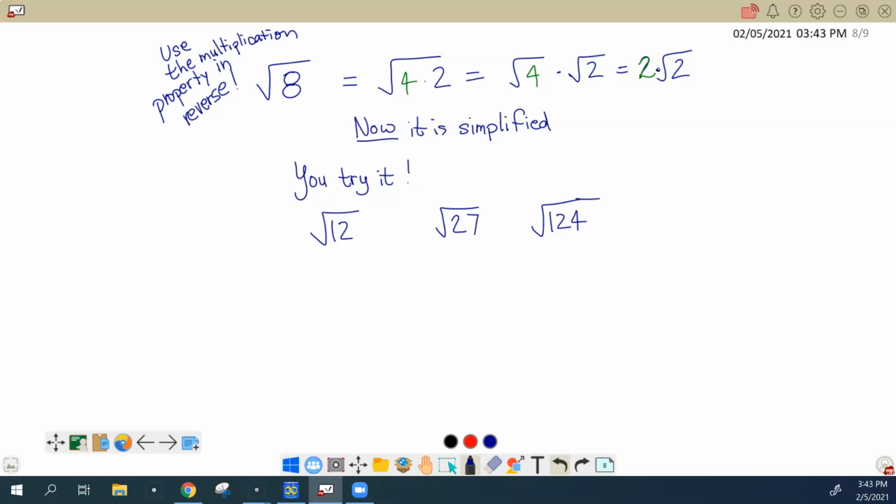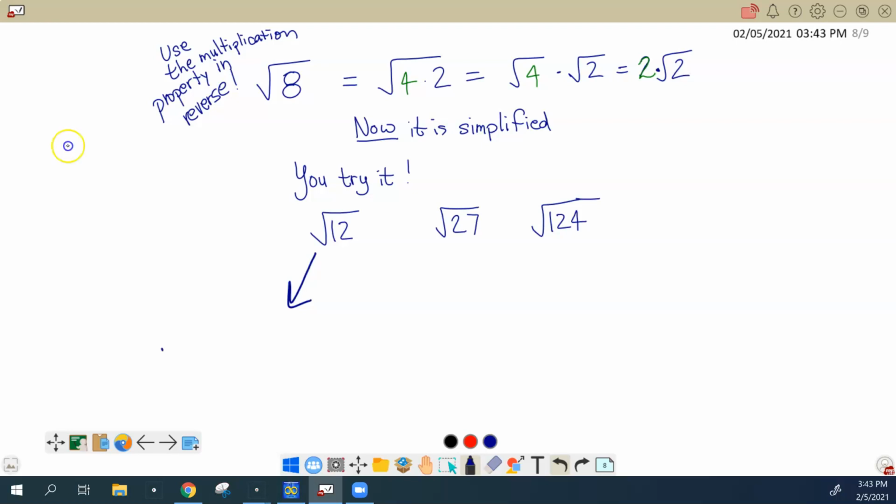Now this is simplified, and I invite you to pause the video here and see if you can do these. And I hope that you have given it a try. So let's break these down, okay? 12, does 12 have a perfect square factor? It does, 4.